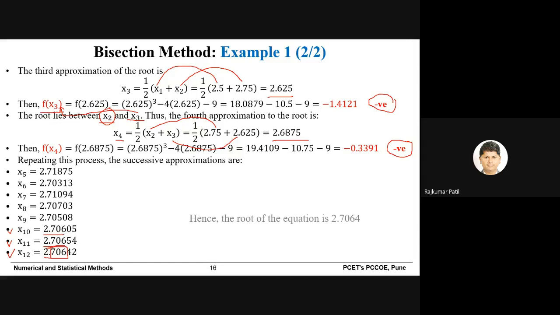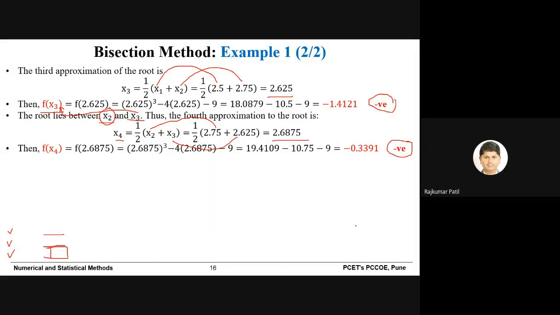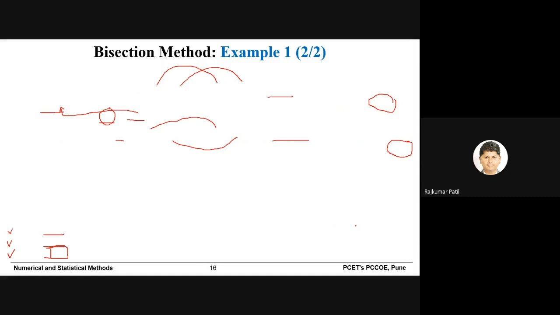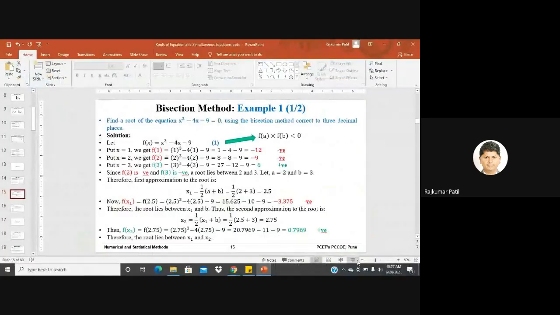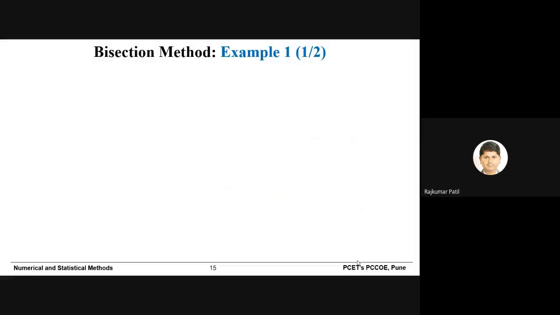So you can say that the root of the equation is 2.706, and you can also put an additional digit, that is 4. So you found the answer up to 3 decimal points. So what we did is every time we check the answer for its accuracy, and we decide to go for the next iteration.